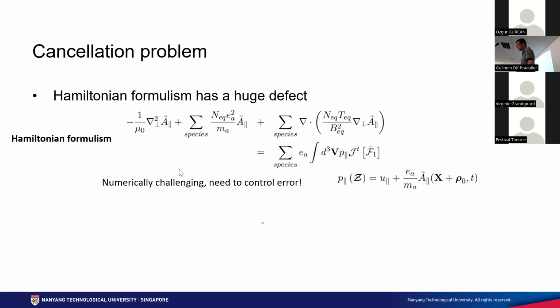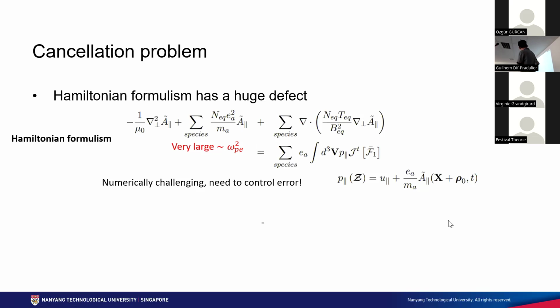Now the problem is this is also numerically challenging, because if we look at the size of those two terms, we realize that this skin current term is very, very big compared to the other terms. And because on the right-hand side we are also in p parallel, we have this term as well.